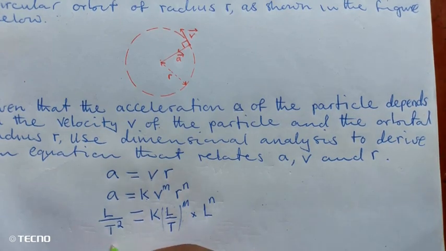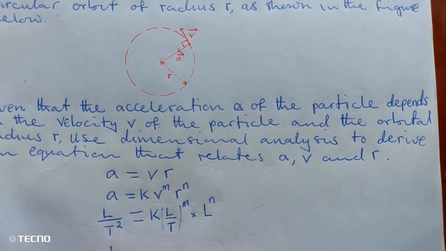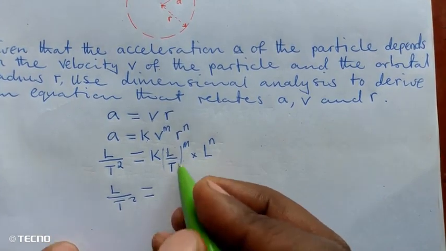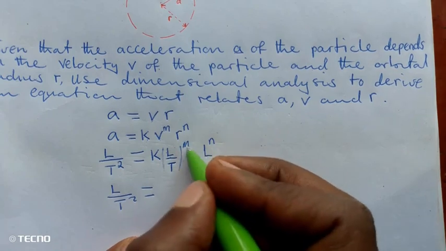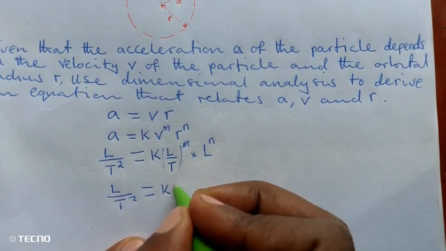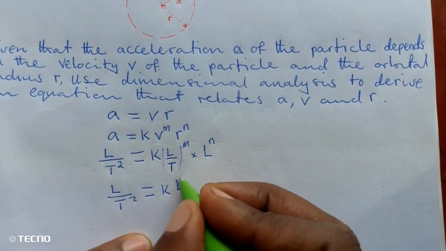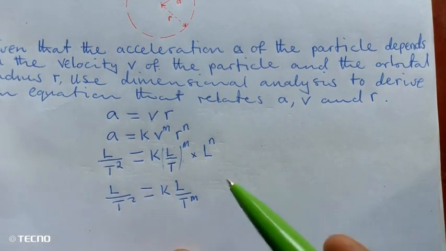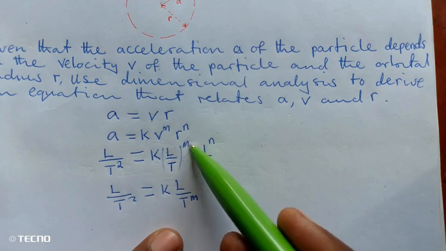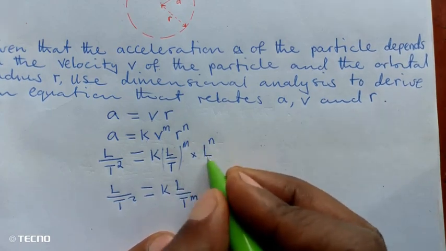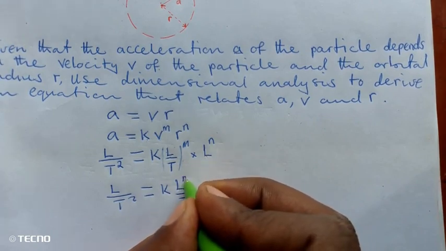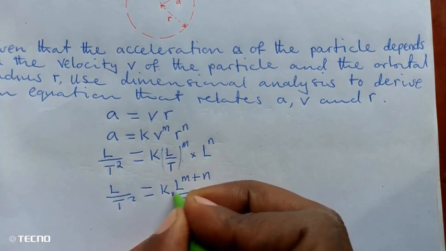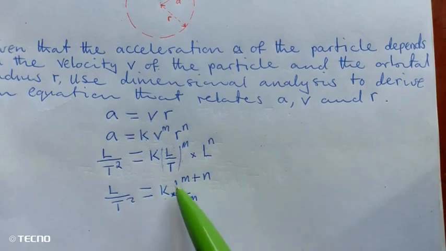So here we'll say it's L over t squared is equal to, so we can separate this: there is L to the power m, then there is also t to the power m. When you multiply these two, we maintain L, then you add the powers, it will be m plus n. There's also multiplication by k, so k is being multiplied by this.